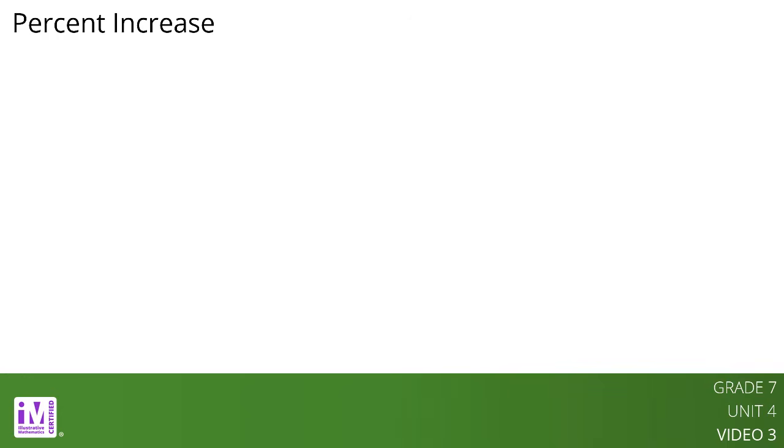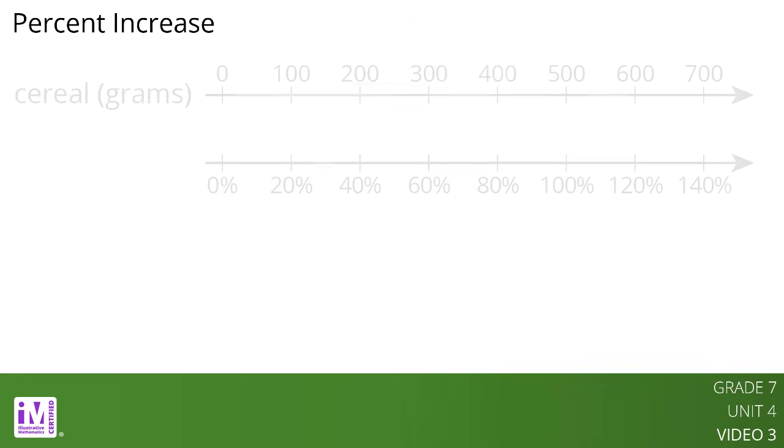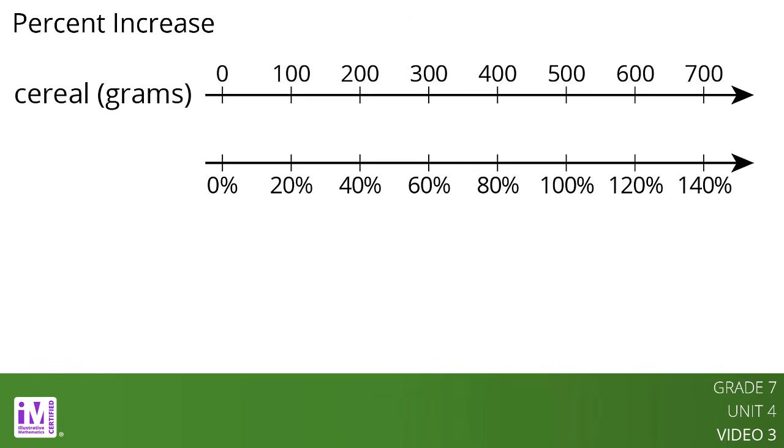Another way to show a percent increase is using a double number line diagram. The initial amount of cereal is 500 grams, which is lined up with 100% in the diagram.